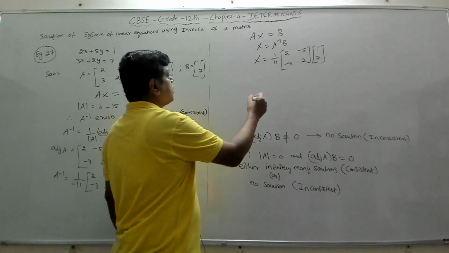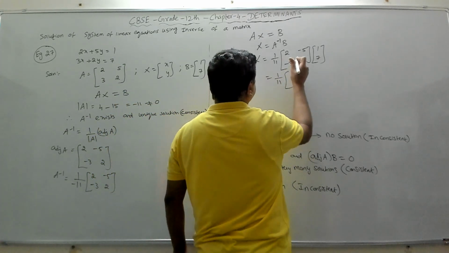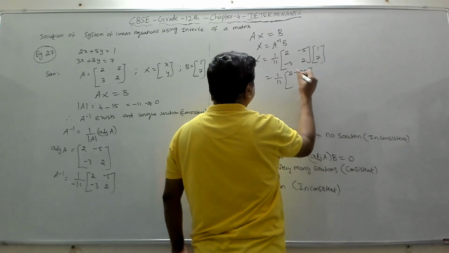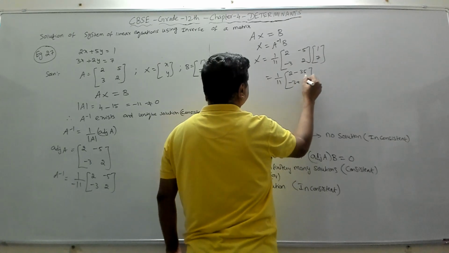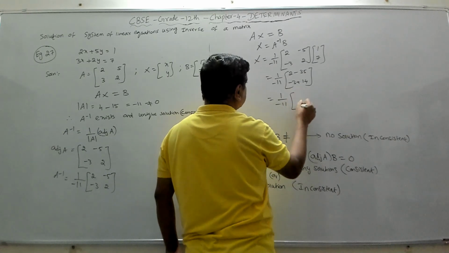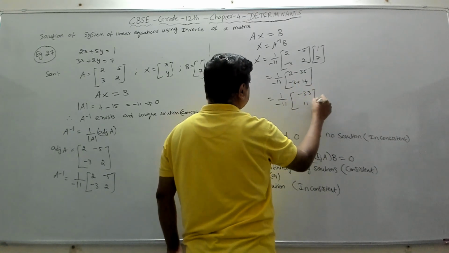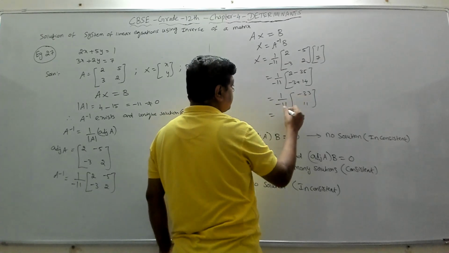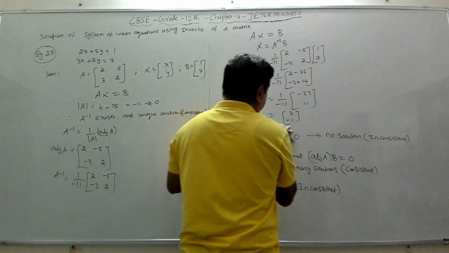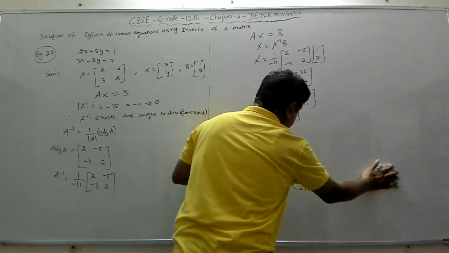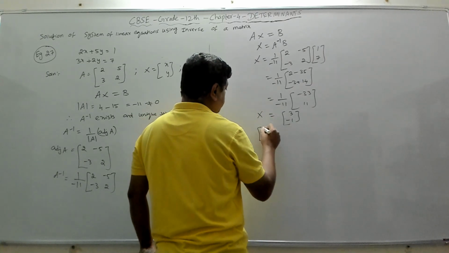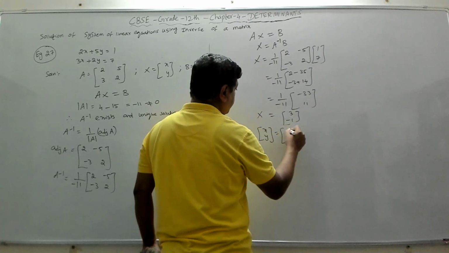That is equal to 1 by minus 11 of 2 ones are 2, minus 5 into 7 is minus 35, then minus 3 into 1 is minus 3 plus 14. So we get 1 by minus 11 of minus 33 and 11. If you divide each element by minus 11, you will get 3 and minus 1. So that is your X matrix: x, y equal to 3, minus 1.